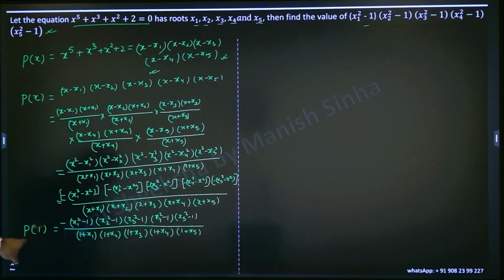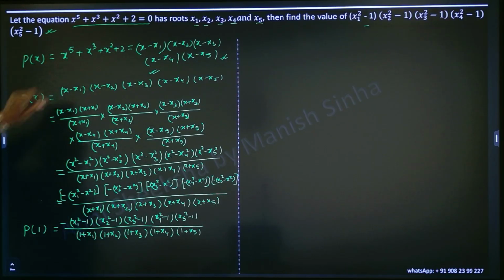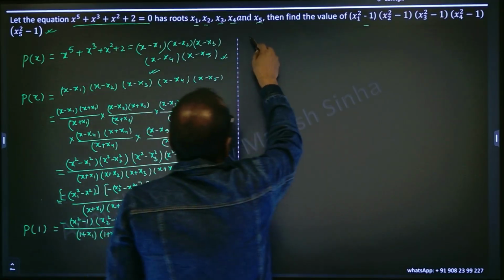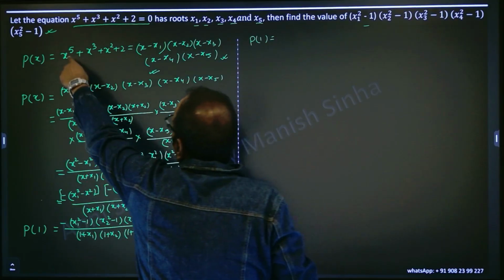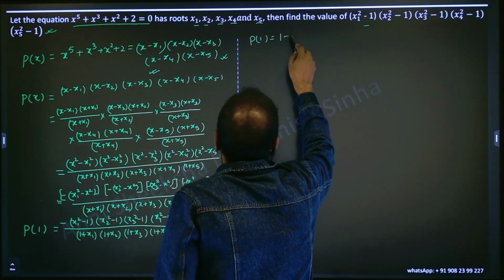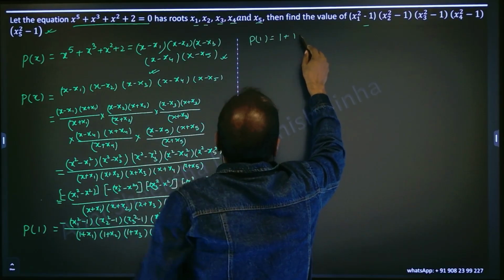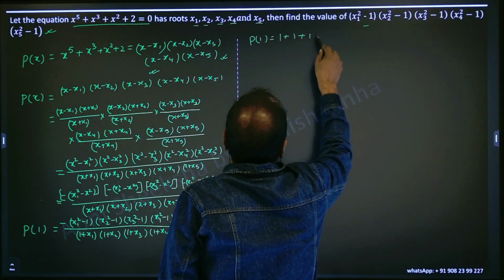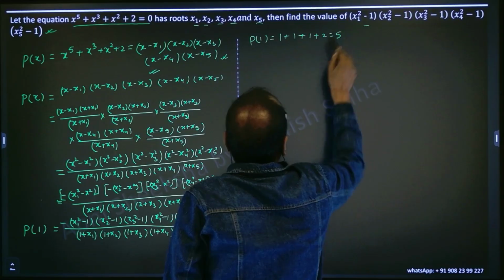But how much is P1 from this function? When you put the value, 1 to the power 5 is 1, 1 to the power cube is 1, 1 to the square is 1, plus 2. So this is 5.